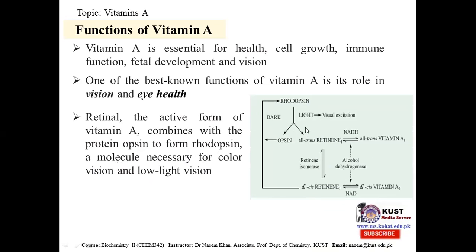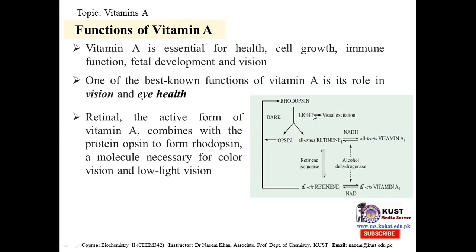Here we can see this is the opsin molecule, and when it combines with the retinol, vitamin A, we get rhodopsin. Actually, these are the rods. This rhodopsin is very important for low light vision or vision in the dark, or color vision. So it makes it available.